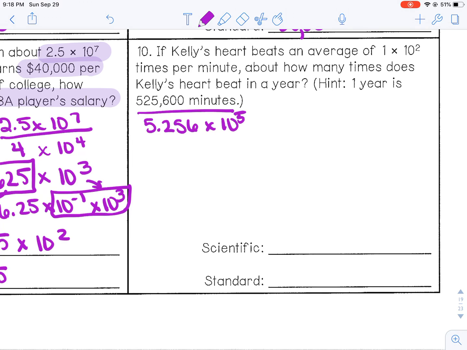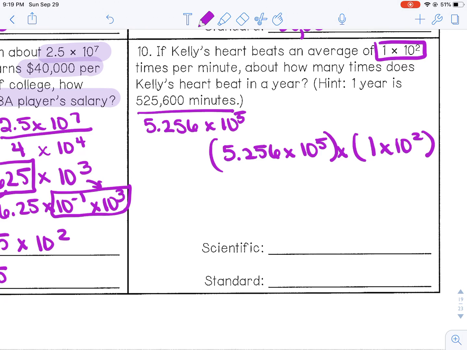Okay, so I know that it beats this much in 1 minute, so we need to find out how many times it beats in 525,600 minutes. So we're going to multiply those. Do it like this.